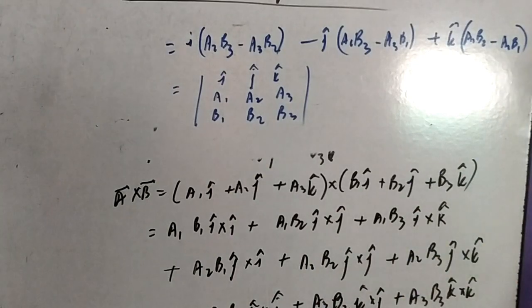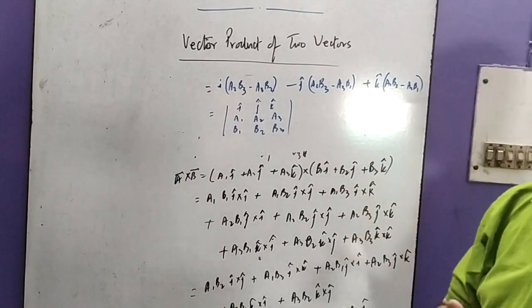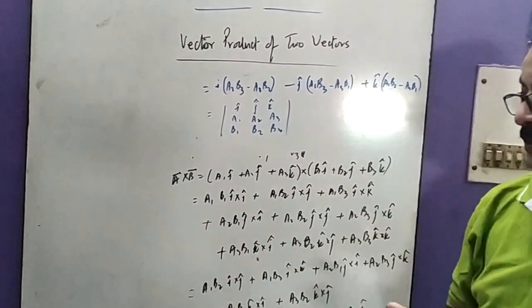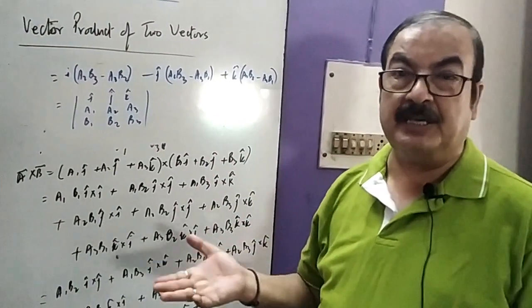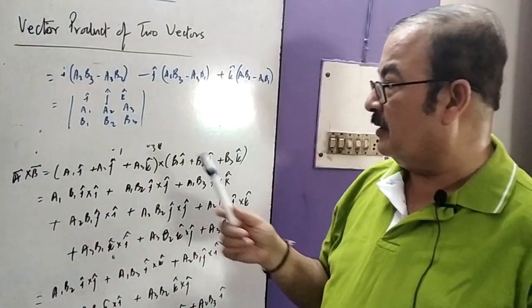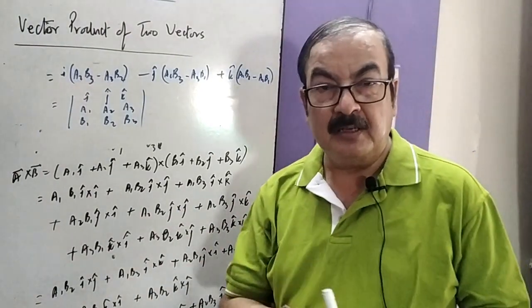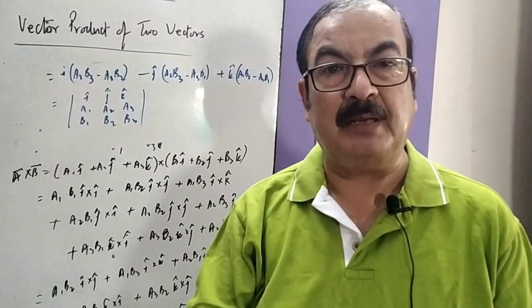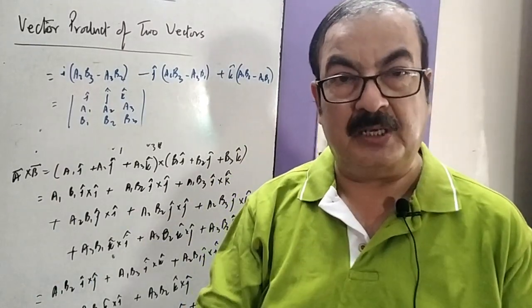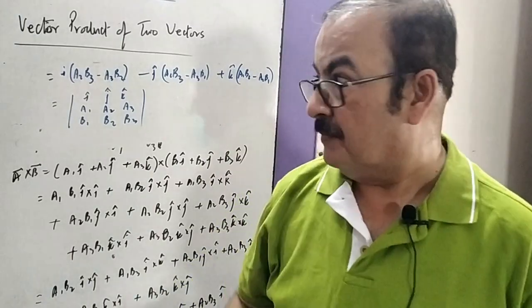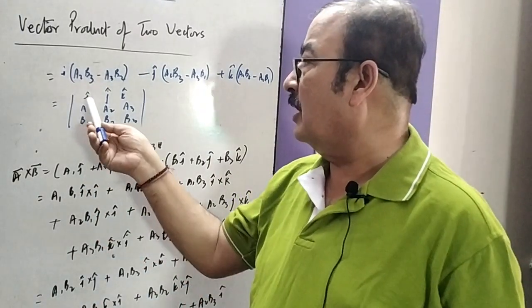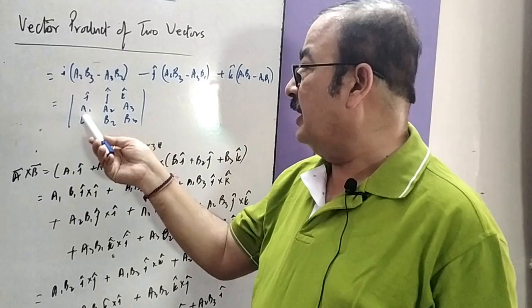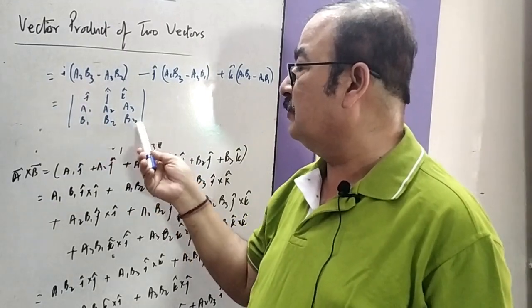Whenever it is written that you have to find out the vector product of two vectors given in i, j, k, then they can be written as a1i plus a2j plus a3k. Another vector b can be written as b1i plus b2j plus b3k. Clear? Then their product is i j k, a1 a2 a3, b1 b2 b3.